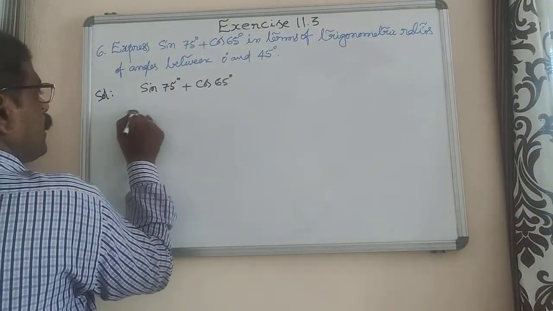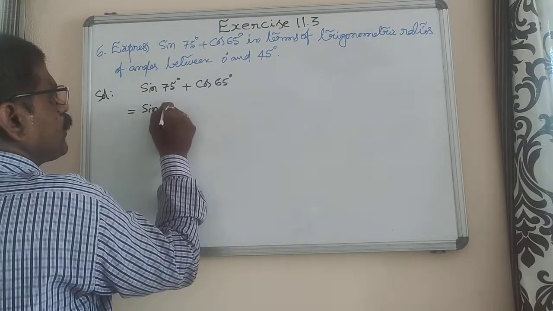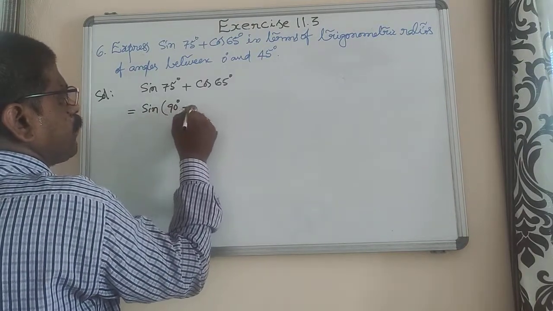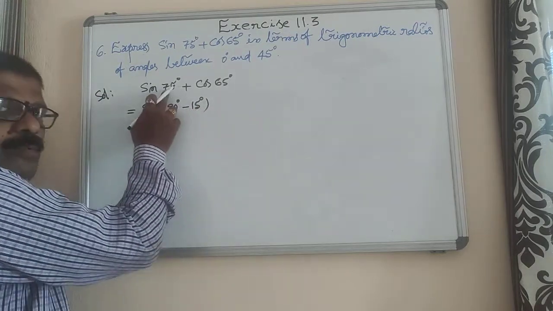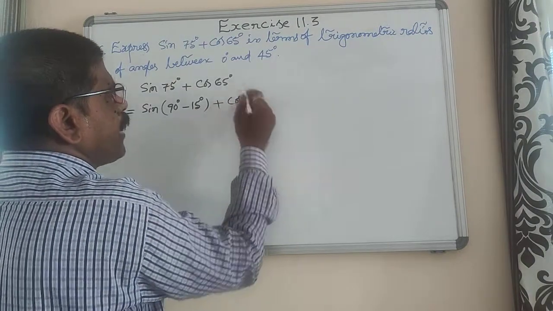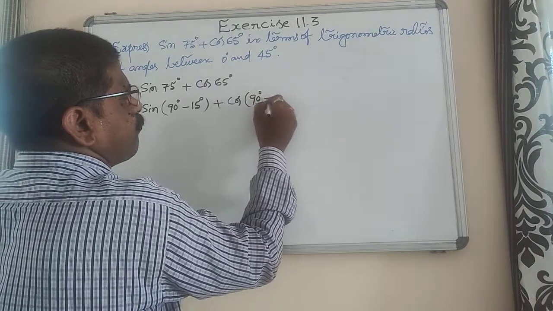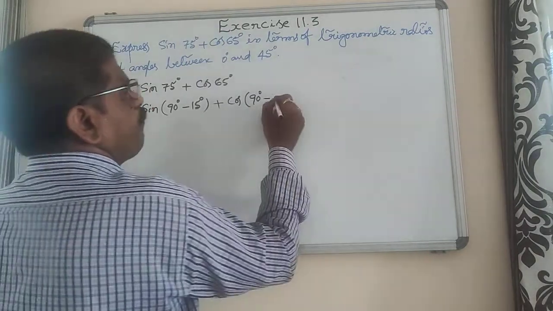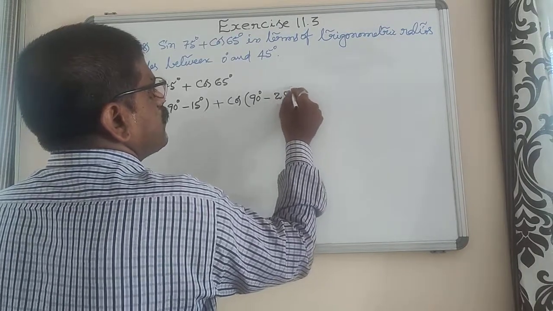So sine 75 can be written as sine (90 degrees minus 15 degrees). Clear? 90 minus 15 is 75 degrees, plus cos 65 can be written as cos (90 degrees minus how much?) 25 degrees.